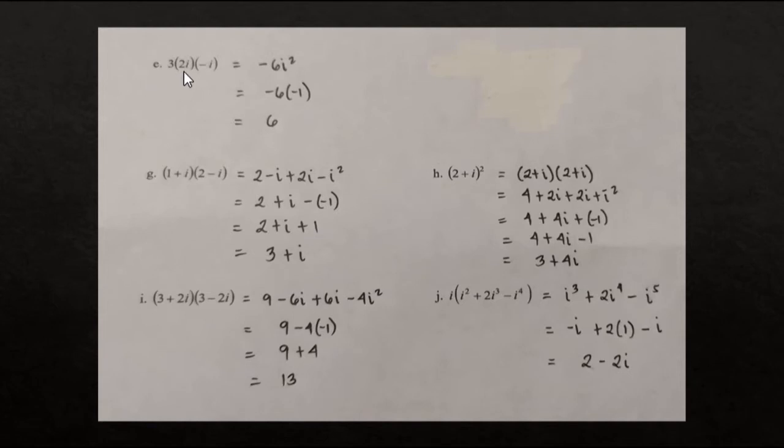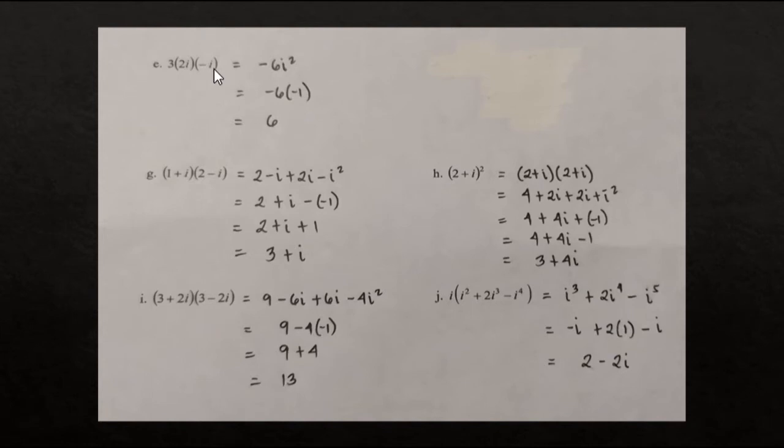3 times 2i times negative i. So, we can multiply the coefficient first, then the i's. So, we have here the numerical coefficient 3 times 2 times we have here negative 1. That is understood that we have negative 1 there. So, 3 times 2 times negative 1, that is negative 6.